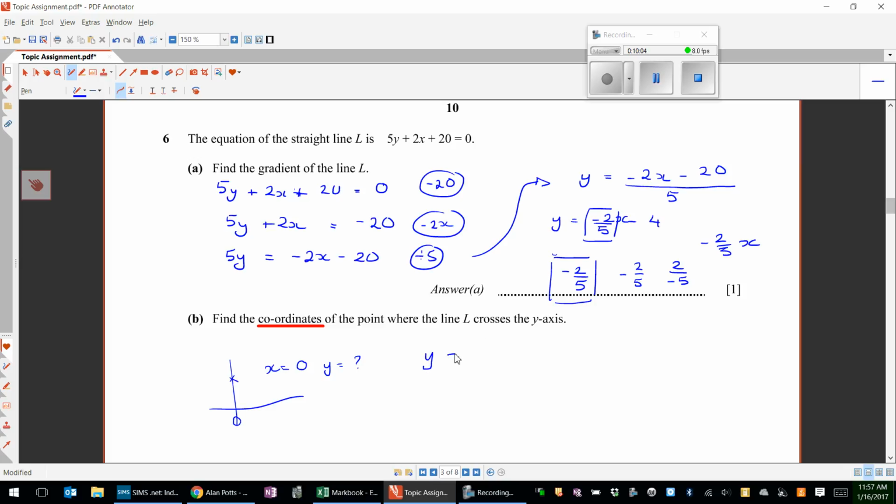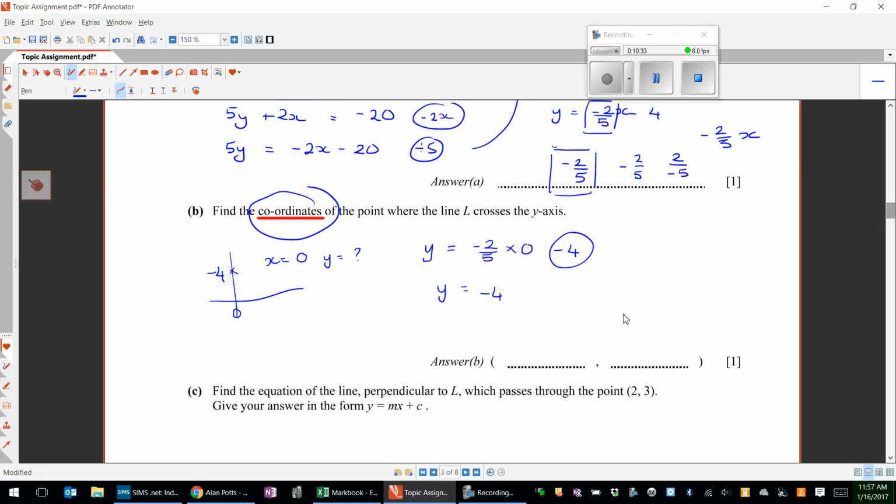So minus 2 over 5 times 0 minus 4. Well, obviously the answer is going to be minus 4, which is why the minus 4 is just the y-intercept. But the coordinates, that's why I underlined it, must be stated as 0, minus 4.